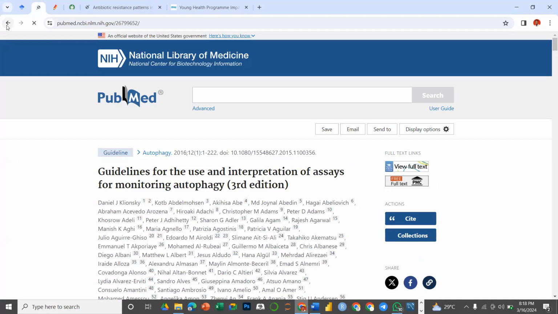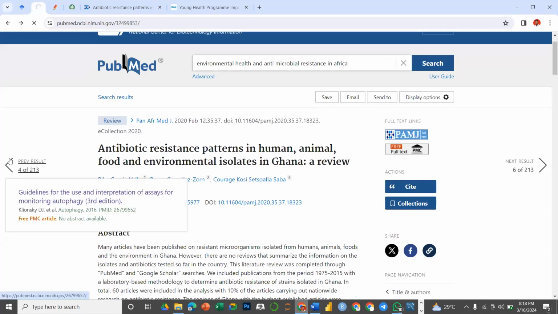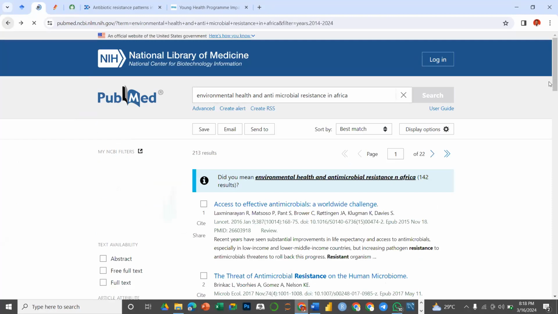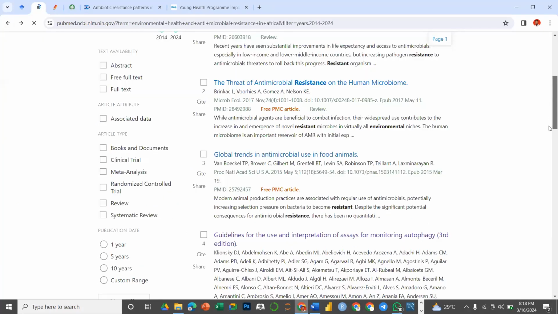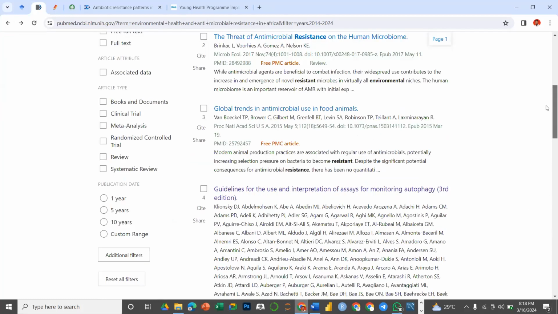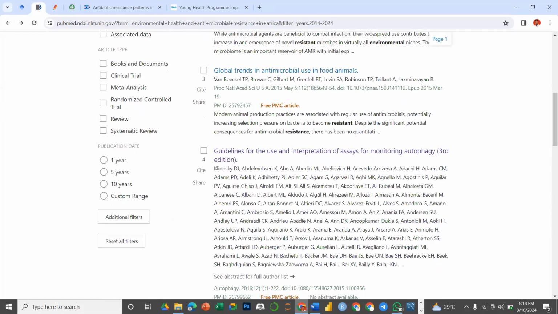Okay. So now we've chosen one article. Let's go back and continue with our literature review. This was the article we chose now. So this is global trends and antimicrobial use in food animals.